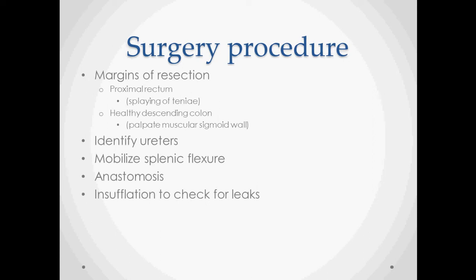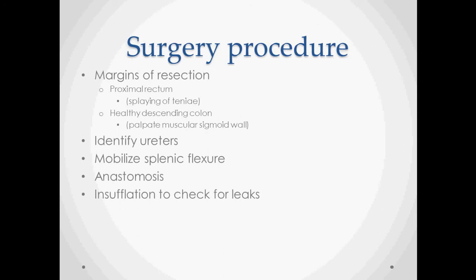And then at the proximal end, you find where there's healthy descending colon. So you're going to start by palpating along the sigmoid wall. They describe it as being woody. I don't know what that means. I haven't felt it. So as you palpate the sigmoid, you will feel a transition as you get to the healthy descending colon, where it's not as thick, and that's where you can have the other end of your resection.